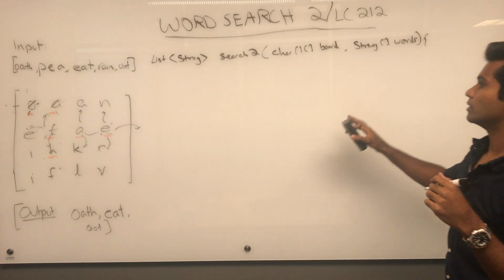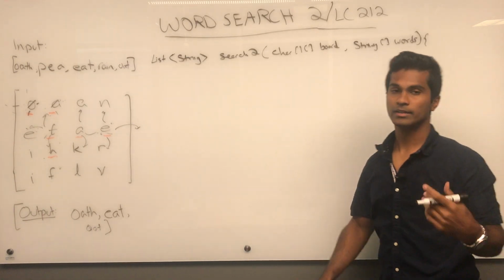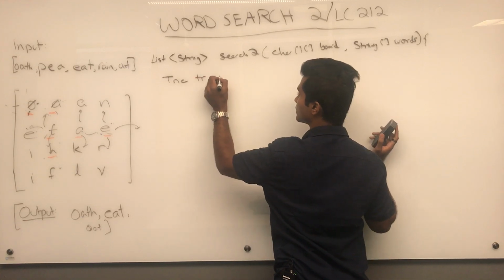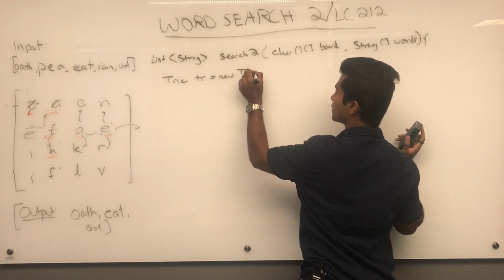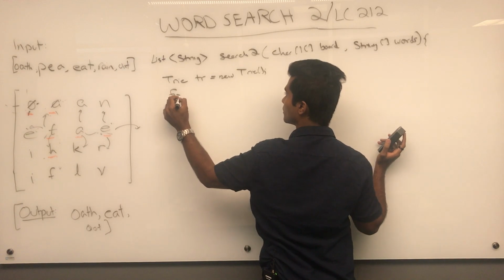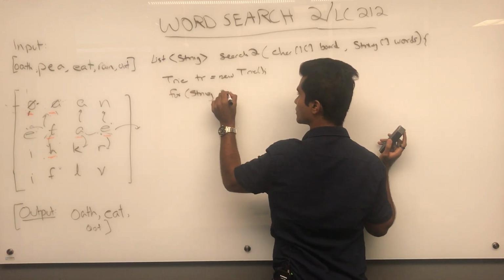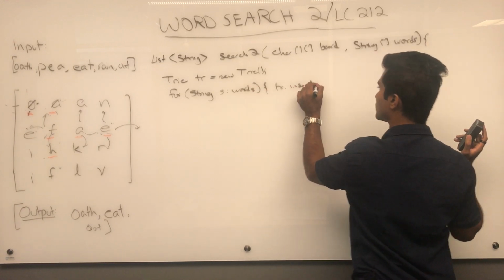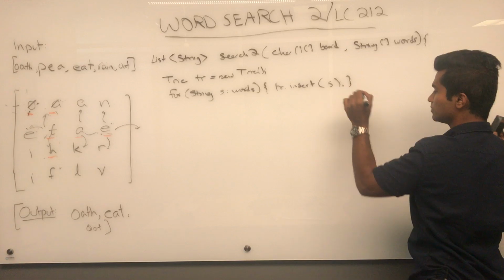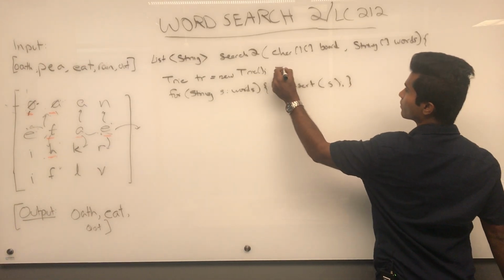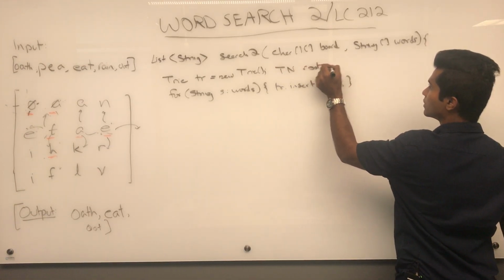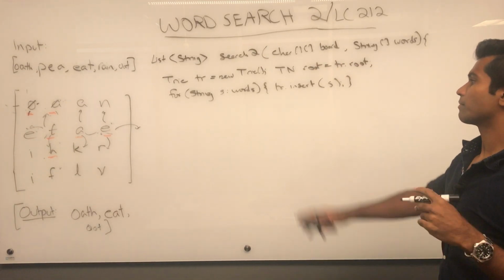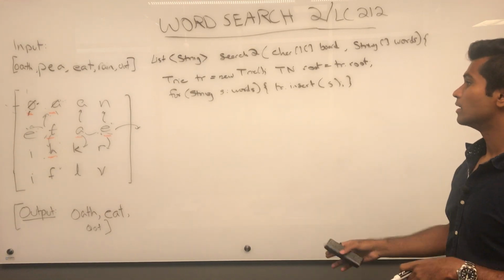So what we do is first go through these words and add them to our trie. So trie class, new trie, and then for string s in words, tr.insert(s), and then let's get a root reference to our trie. Okay, so now our trie is populated.